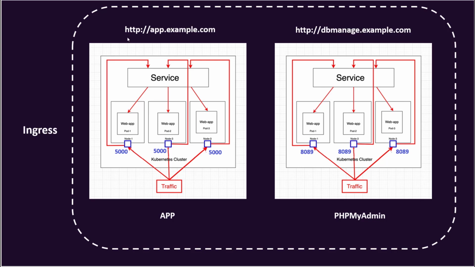Also, we can use hostnames to access our application and phpMyAdmin separately. Soon, in the next few minutes, we will discuss which type of ingress we can use for this presentation.